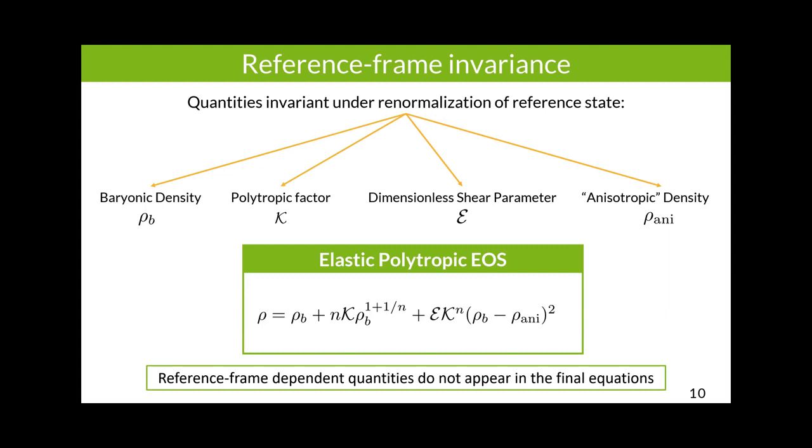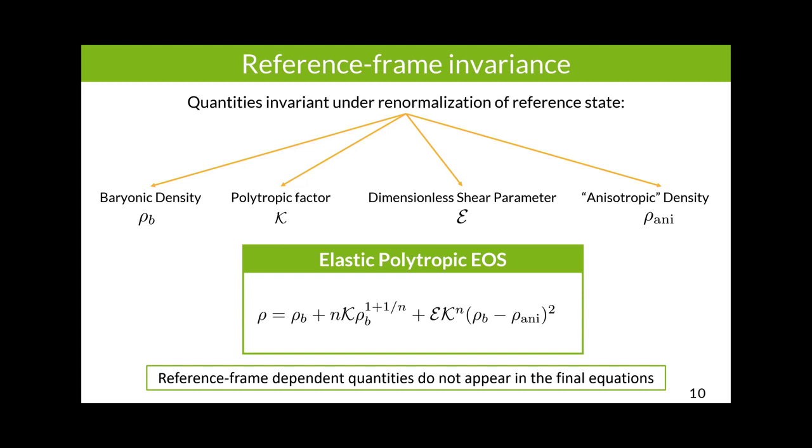When you plug these new quantities in the equation of state, it looks like this. So you see that any rho naught that we have here disappears, and you have something that looks much more similar to the original fluid equation of state. Indeed, this piece here is the same as you expect. So reference frame dependent quantities really do not appear in the end.